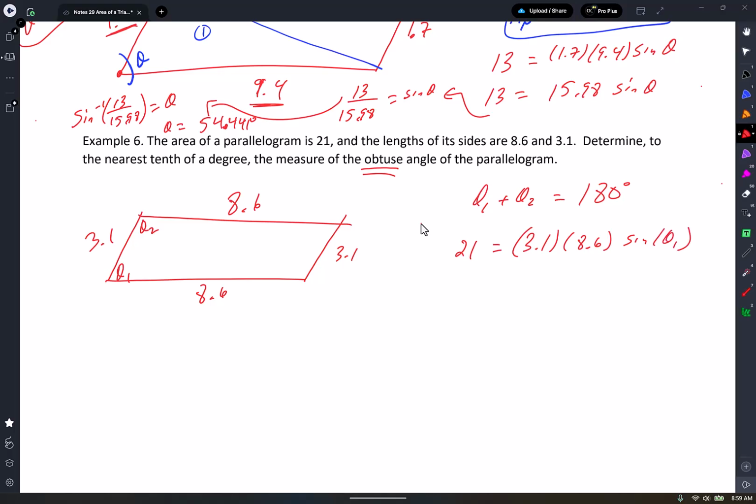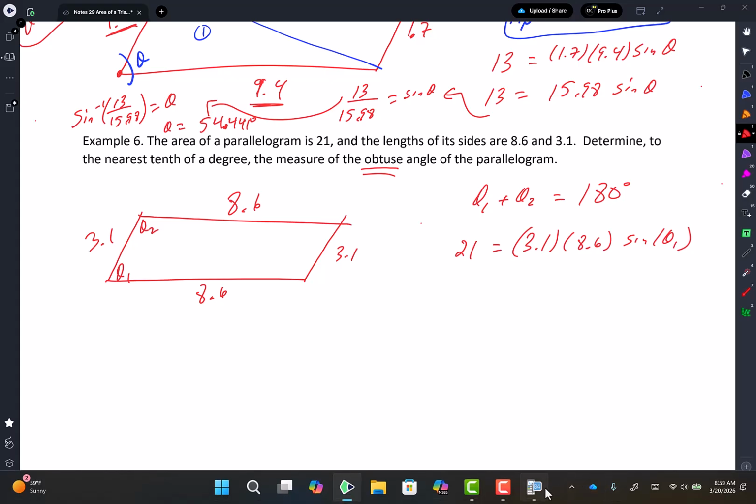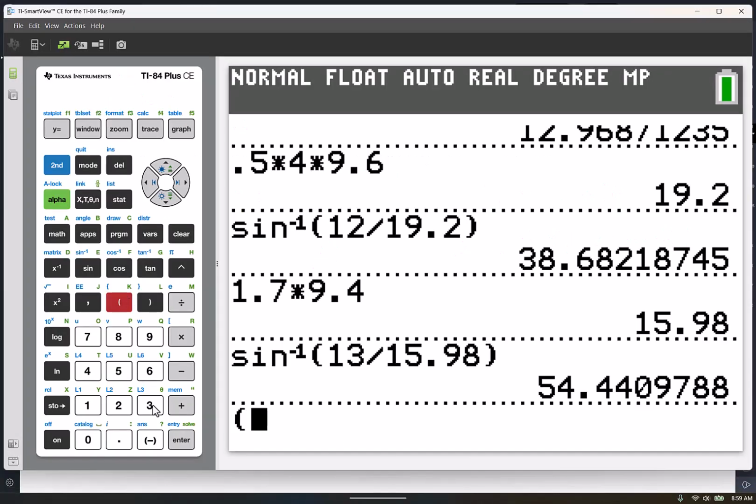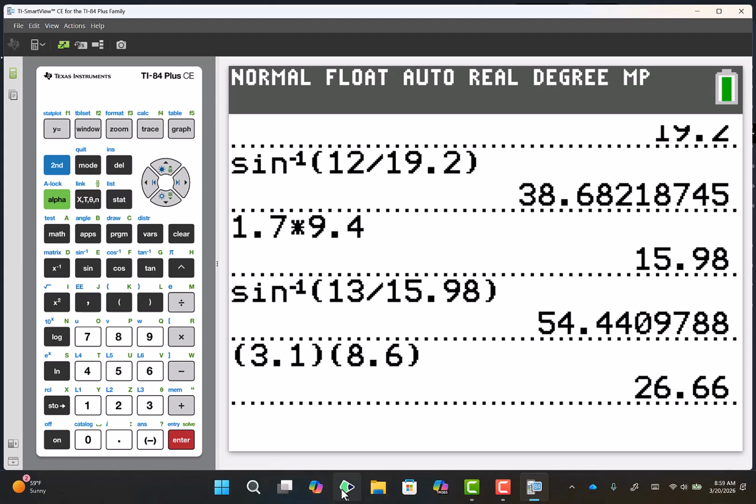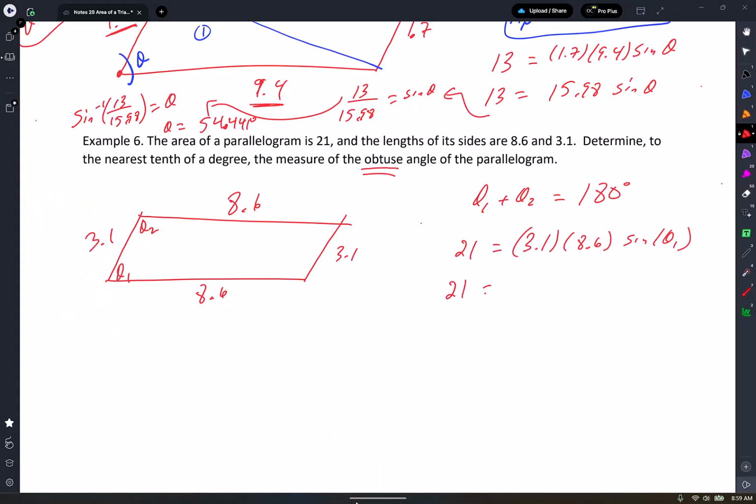But I want theta 2 because they told me obtuse. Does that make sense, guys? So again, 3.1 times 8.6, and don't worry, we'll test it out to make sure that everything is legit. And we get 26.66. So we have 21 equals 26.66 sine theta 1.